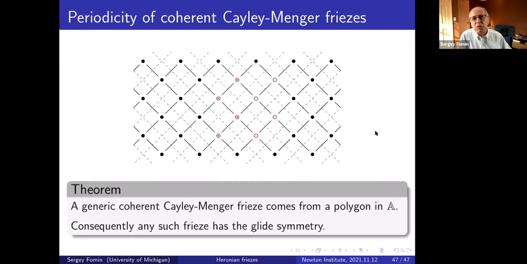I mean, it would have to be tweaked in certain ways, but it probably won't require any new algebraic ingredients. The ingredients will be the same, meaning Cayley-Menger will be the same.